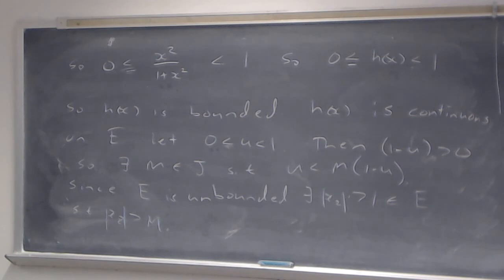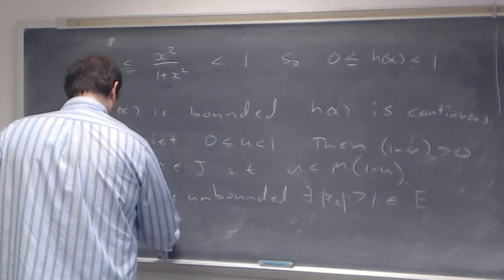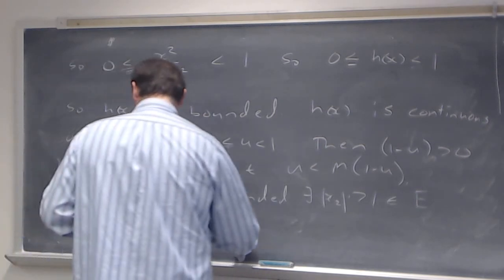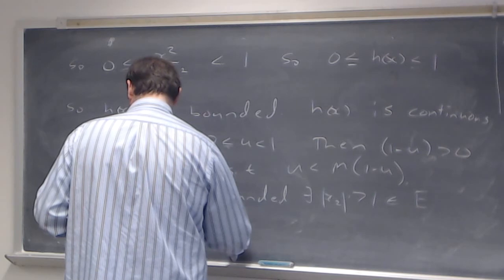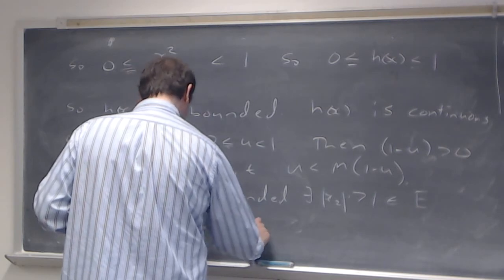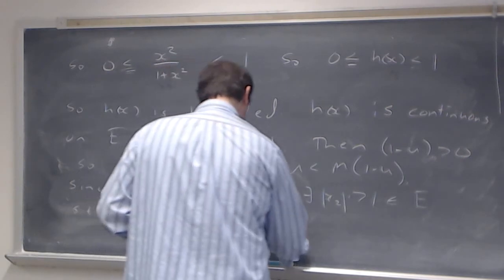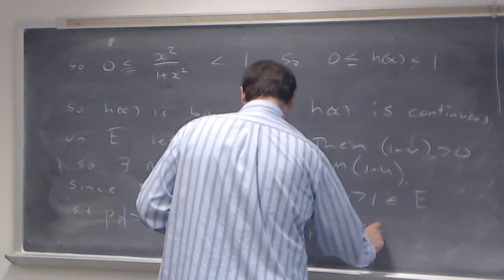So that's going to give us x of 2 squared is going to be bigger than m.